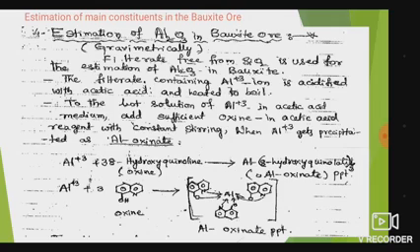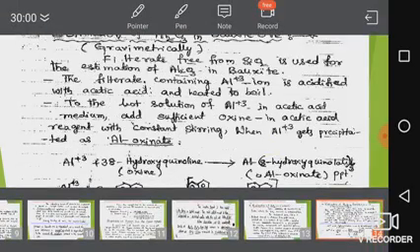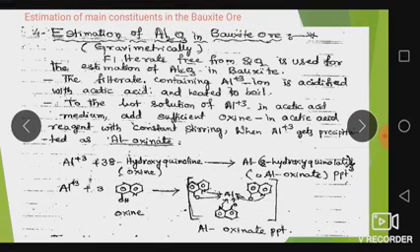Al+3 gets precipitated as the Al oxinate complex, by such a reaction. It forms the complex, and the aluminum oxinate precipitate is obtained.